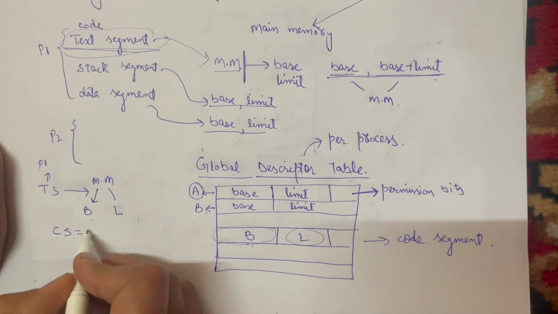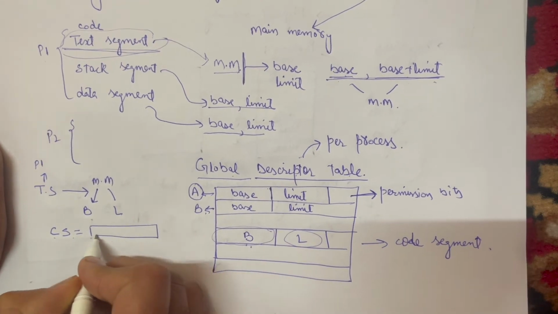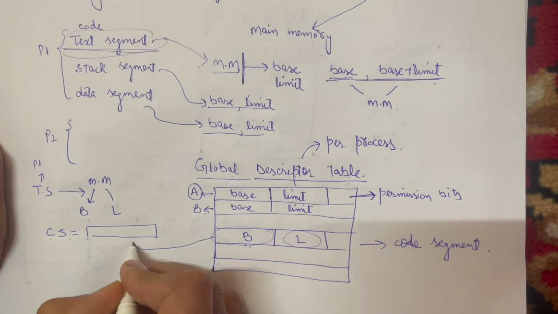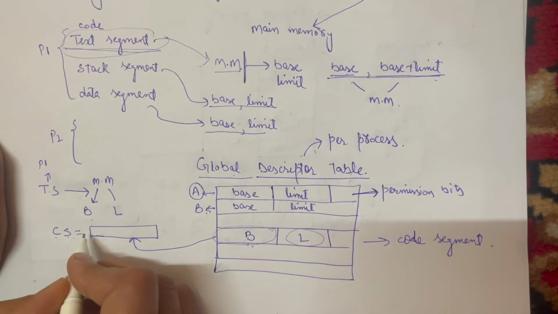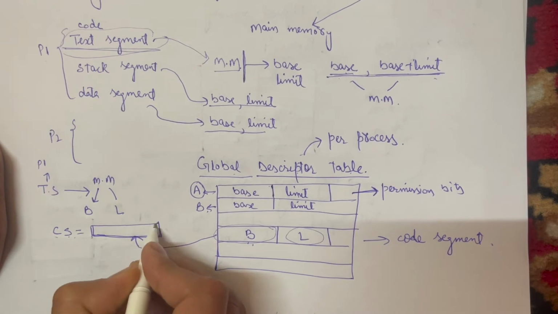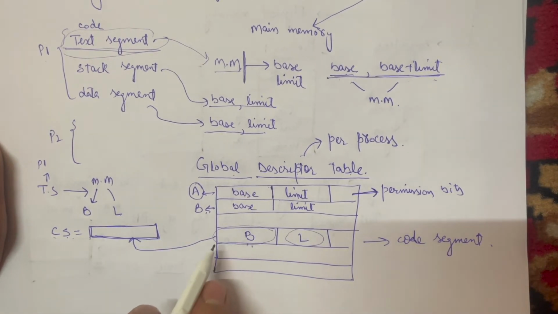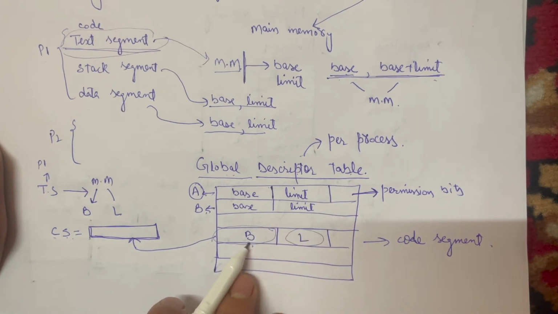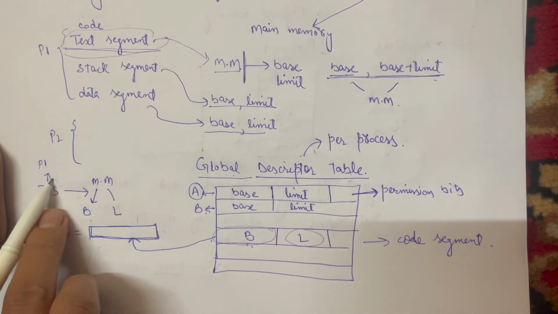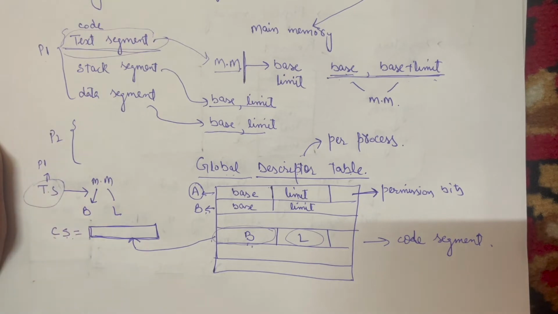This particular register stores the address of this location. So the code segment register stores the address of that particular entry in the global descriptor table that stores the base and limit of code segment or text segment.